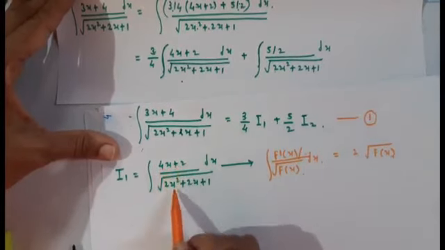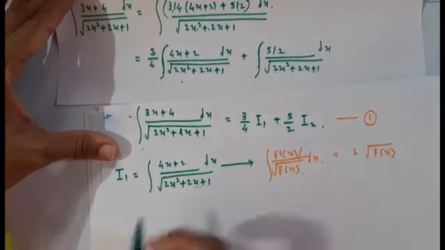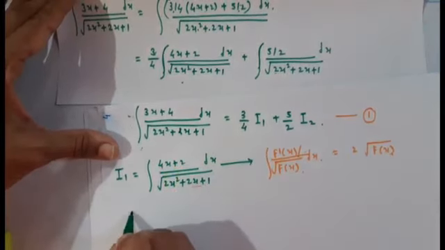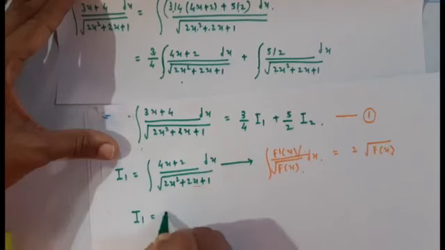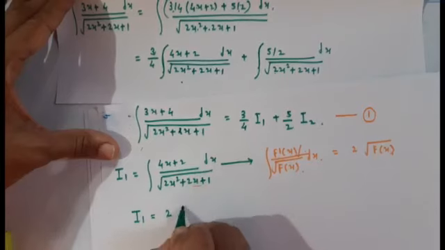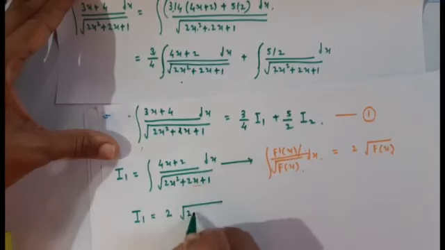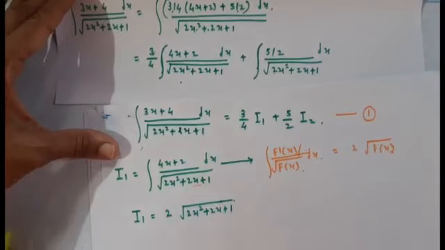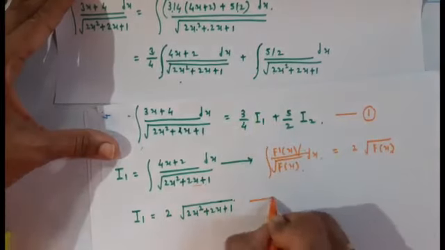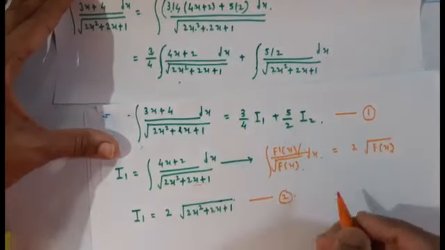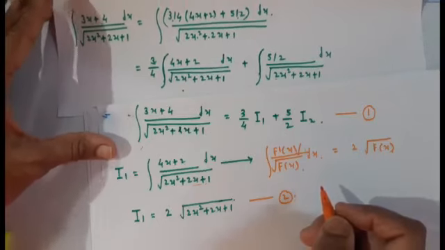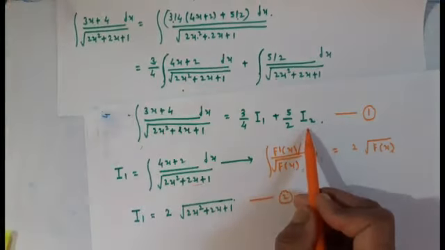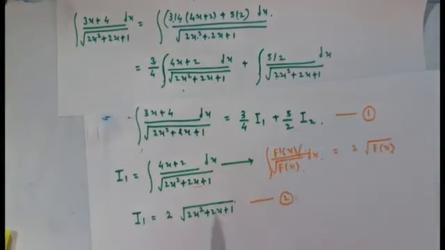Here 4x plus 2 is the differentiation of the term under the square root, and hence I1 equals 2 root f of x, that is 2 root 2x square plus 2x plus 1. This is the integration I1.